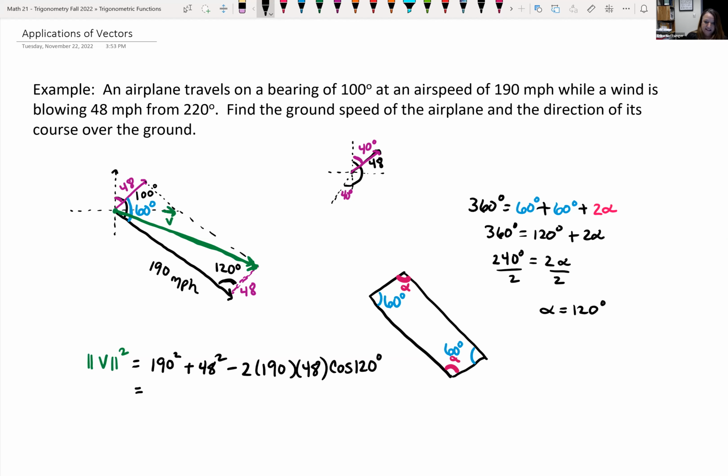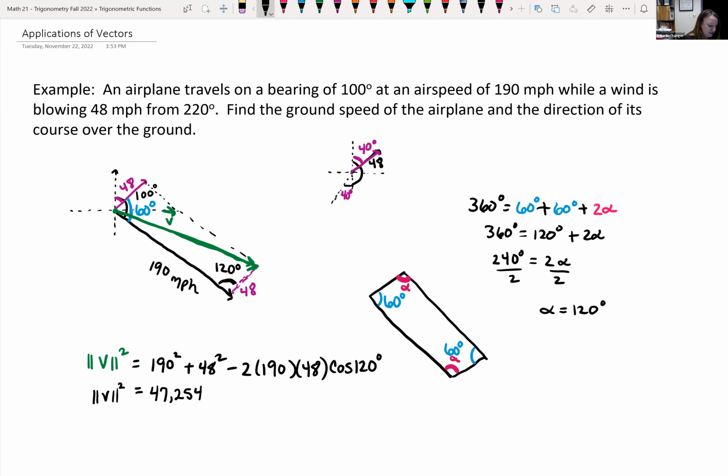So if I plug this into the calculator and I look at 190 squared plus 48 squared minus 2 times 190 times 48 times cosine of 120, we get approximately 47,254. So this is the magnitude of V quantity squared.